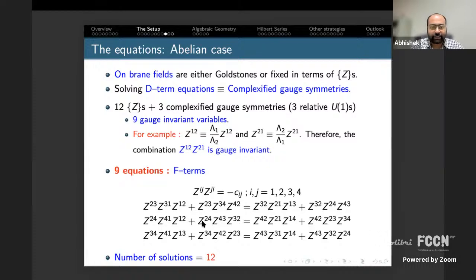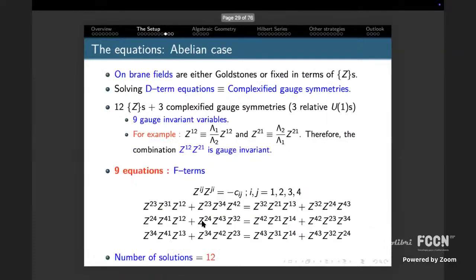Putting the D terms to 0 is equivalent to complexifying the gauge symmetries. So we complexify all the U(1) gauge symmetries to their complex versions. Once you do that, the D terms are automatically satisfied. Then you are left with these 9 F-term equations, and if you solve them, you get this answer 12. This of course matches the answer that you get from this Jacobi form, from the D1, D5, KK monopole, P system.